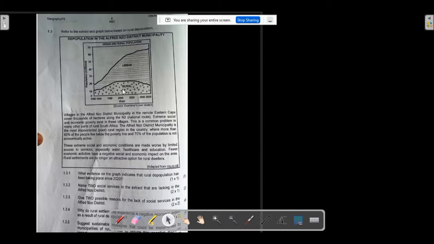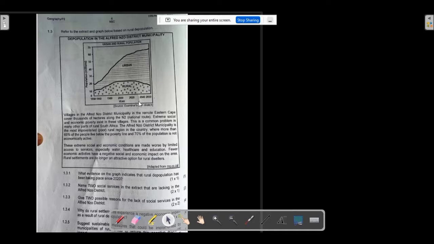And then the rural population, it was increasing. It increased from 1950 all the way to 2000, and it actually became quite constant. Then it actually decreased from 2020. So we can see that the rural population has actually been declining from 2020 going on, and we are expecting it to decrease further.